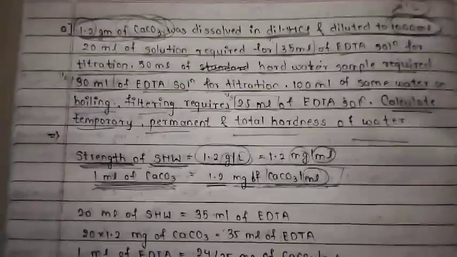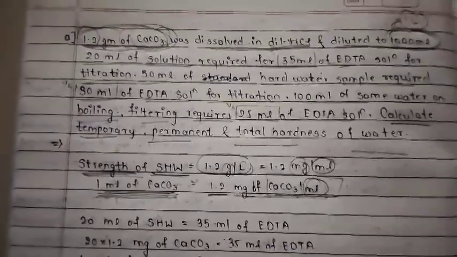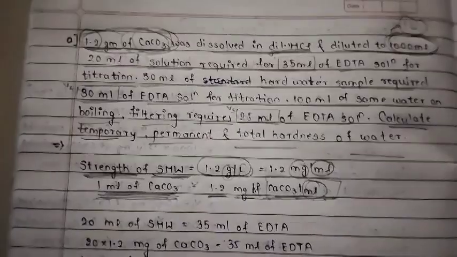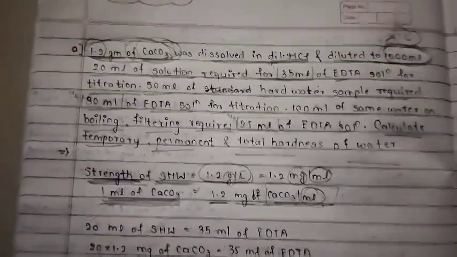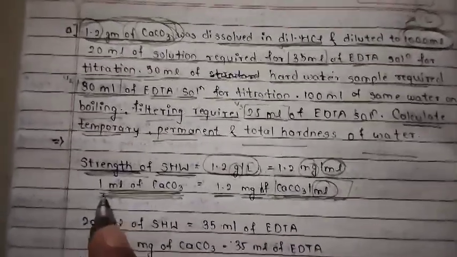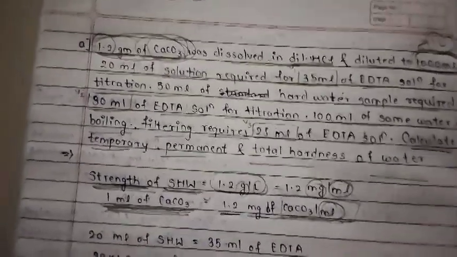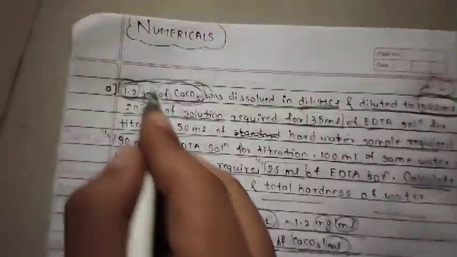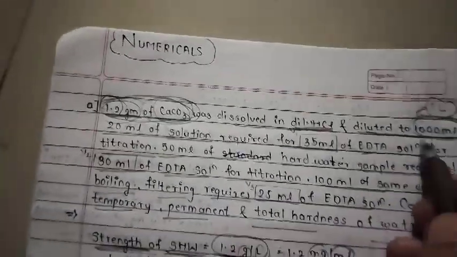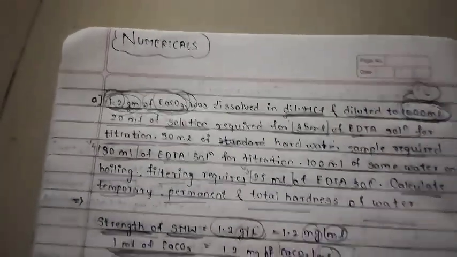Standard means 1 liter, but we want the CaCO3 equivalent in terms of 1 ml, not in 1 liter. So for calculating 1 ml of CaCO3, we will simply divide 1.2 gram of CaCO3 by the total solution. The total solution we have is 1 liter, and for 1 liter we require 1.2 gram of CaCO3.